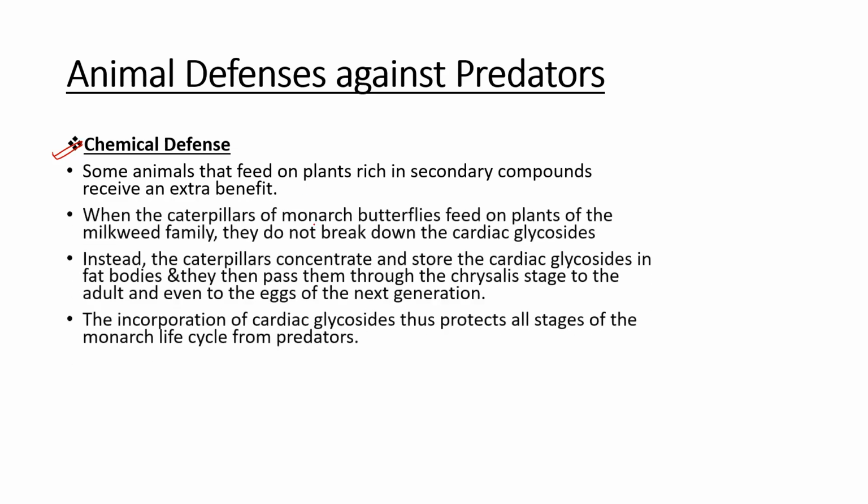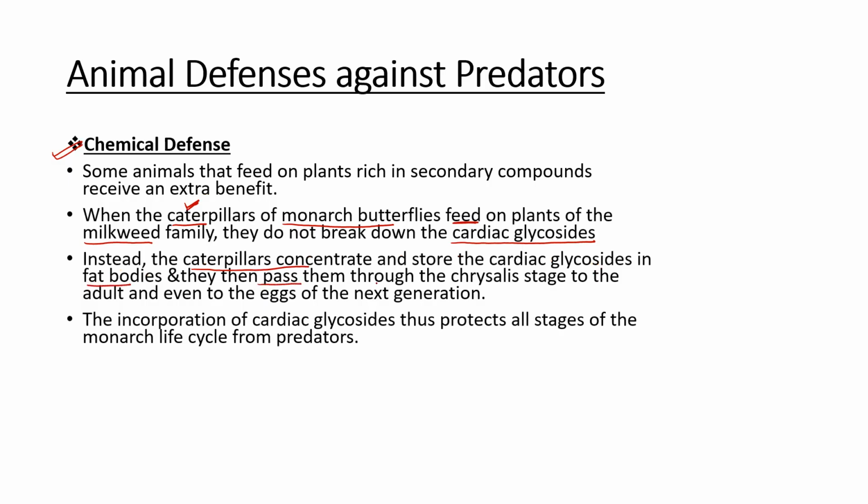For example, it is observed that the monarch butterfly, when it is in the caterpillar stage, is feeding on the plant which belongs to the milkweed family, and they are not breaking down the chemical cardiac glycoside. Instead, they are concentrating this chemical and storing it in the fat bodies.